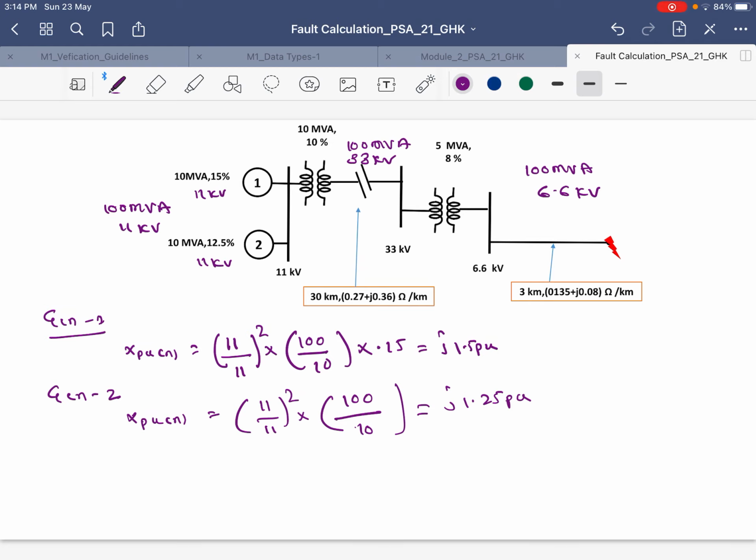If you take this as transformer T1 and this as transformer T2, then for transformer 1 I will refer to the generator side.